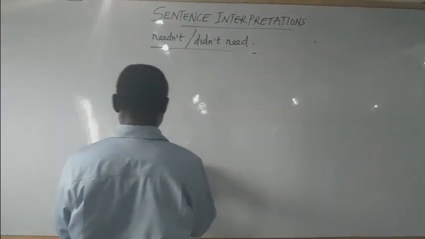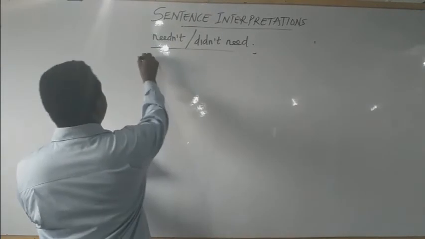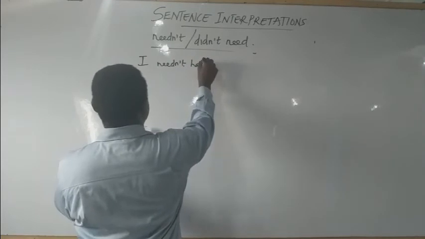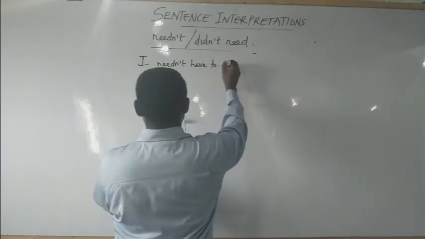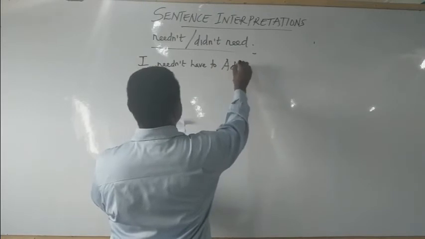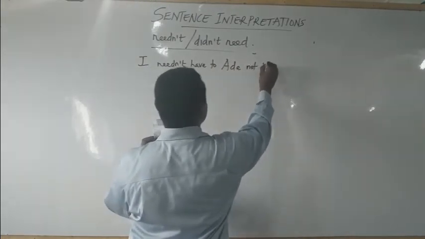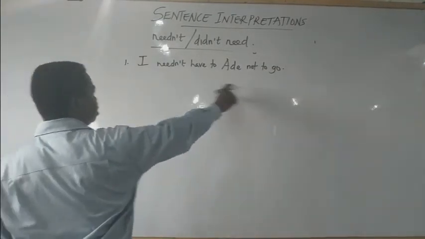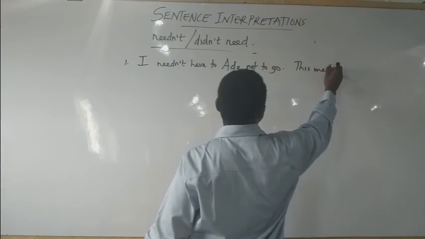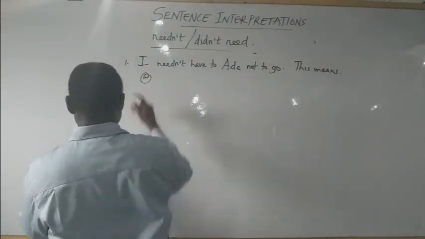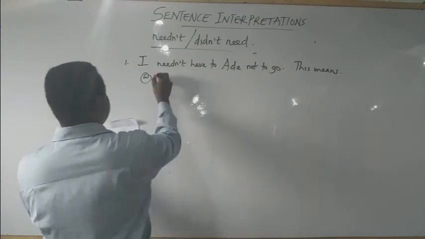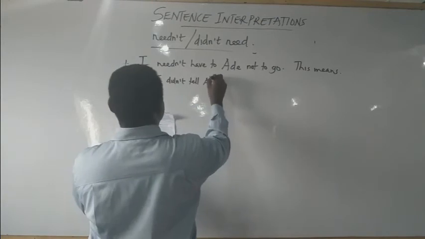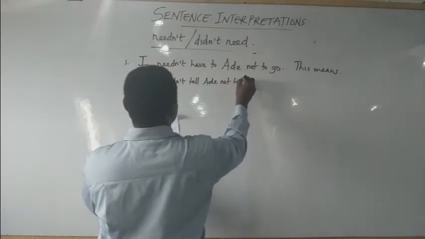Example 1. If I say, "I needn't have told Ade not to go." This means, option A, I didn't tell Ade not to go.